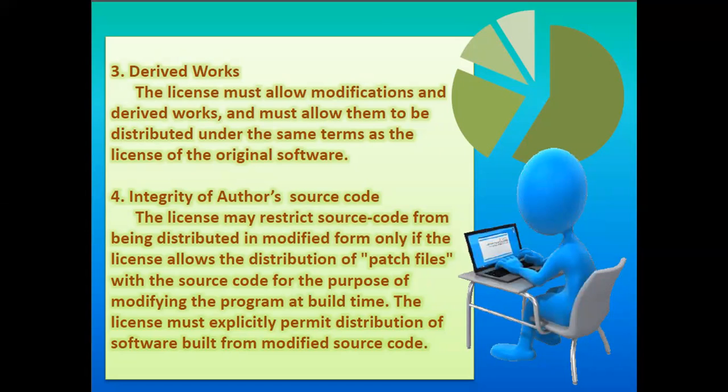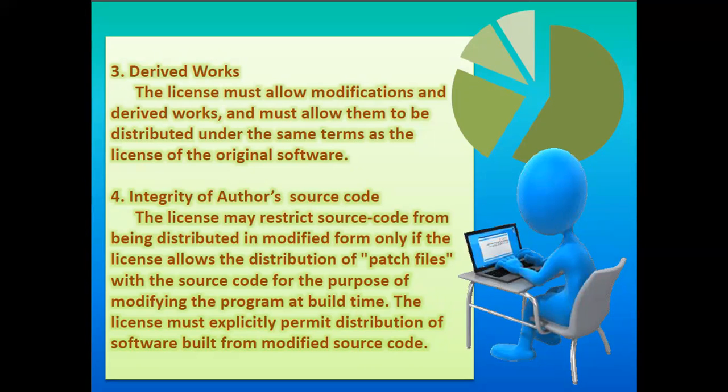Number four, integrity of author source code. The license may restrict source code from being distributed in modified form only if the license allows the distribution of patch files with the source code for the purpose of modifying the program at build time. The license must explicitly permit distribution of software built from modified source code.